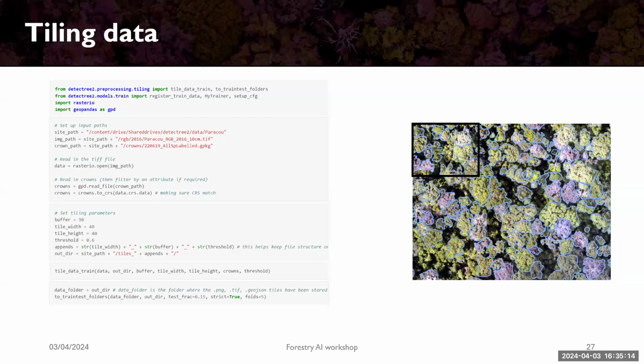When you're labeling your region, some places have very dense labeling, which is better for training. But if there are places with very sparse labeling where a lot of the trees are not labeled, we want to discard those tiles, because it would teach the network to predict just a few trees where actually there are many. So this is why we set this threshold, which is set to 60%. Each tile should have at least 60% coverage of tree crowns.